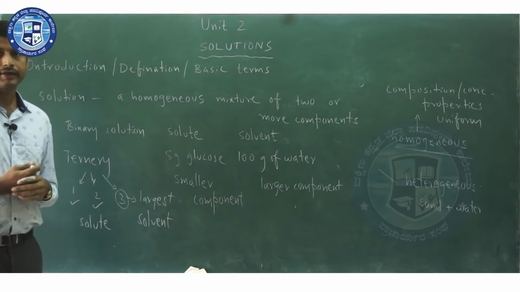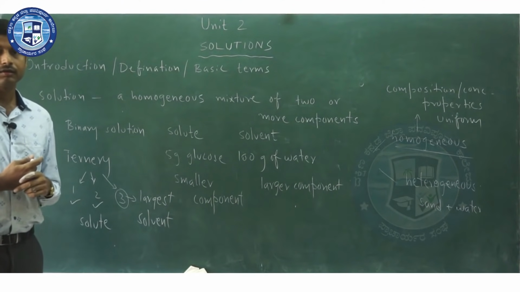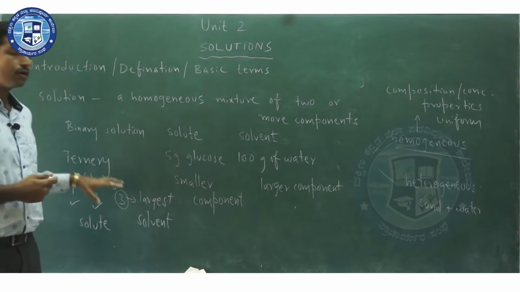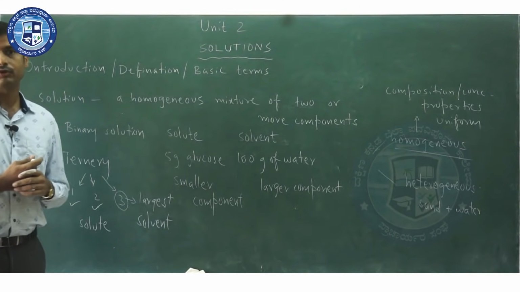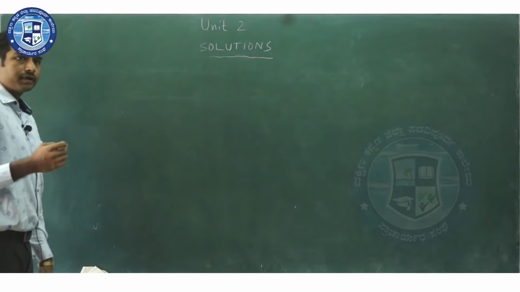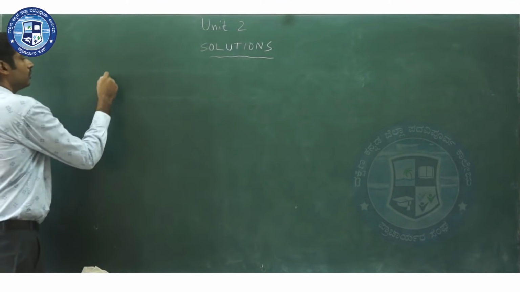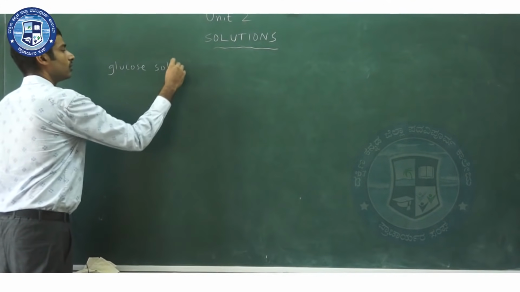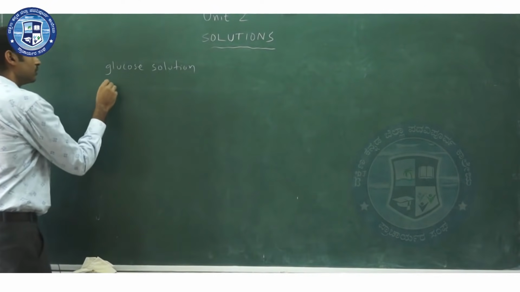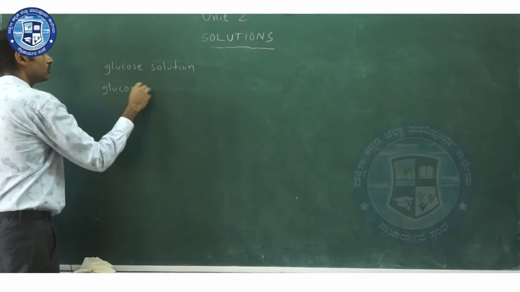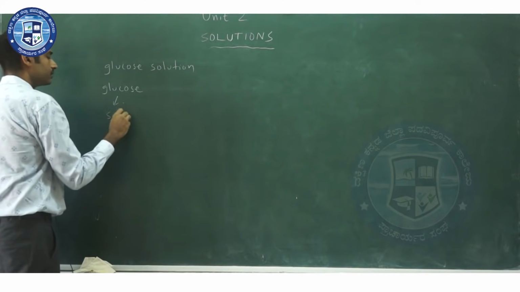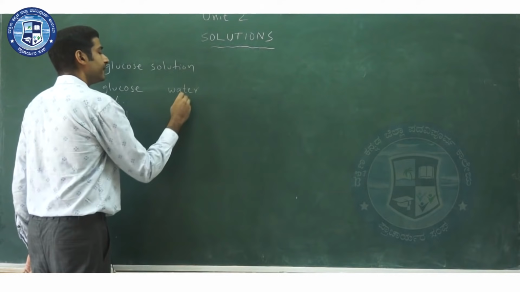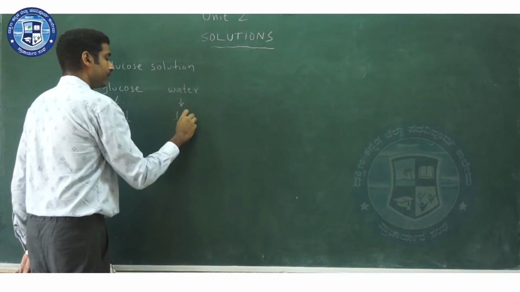Let us try to understand the classification or the types of solution based on the physical states of the solute and the solvent. Now in this solution of glucose in water, I observe that glucose is a solid, whereas water is a liquid.